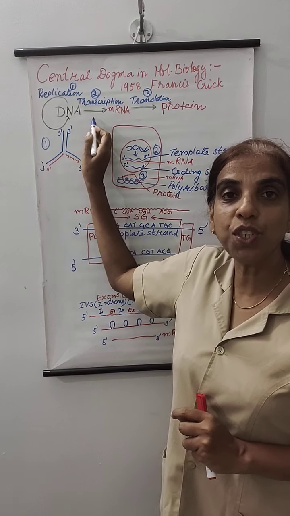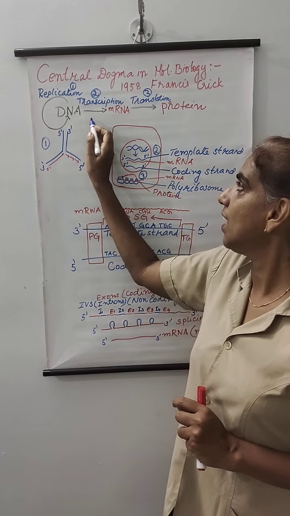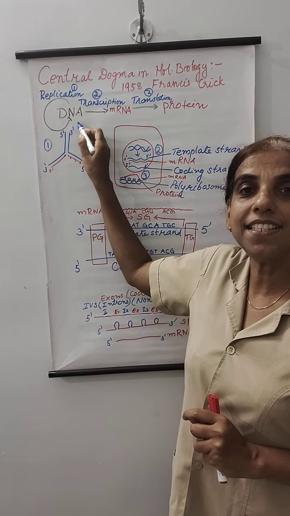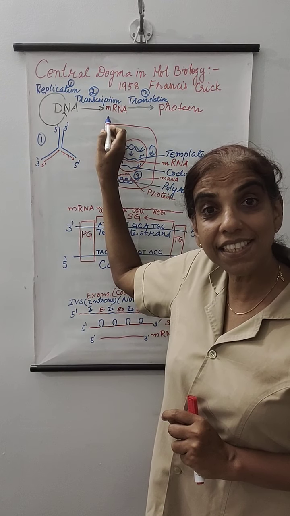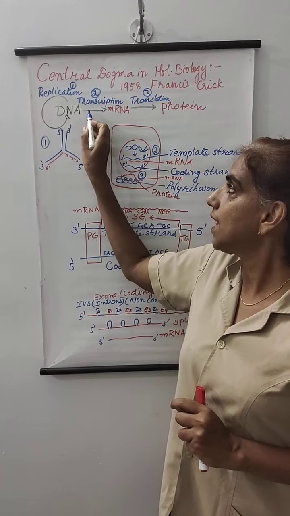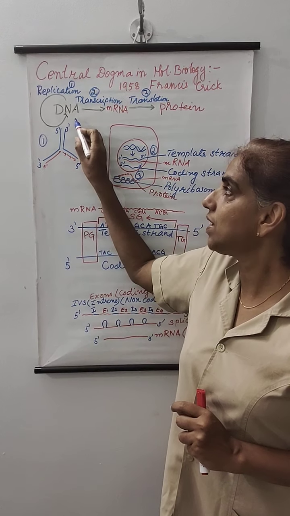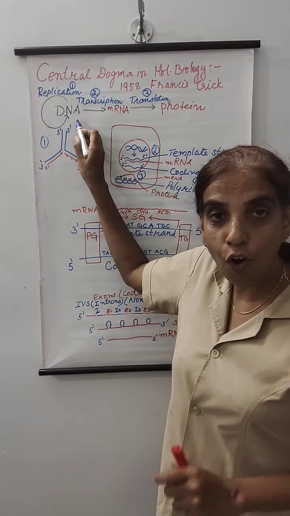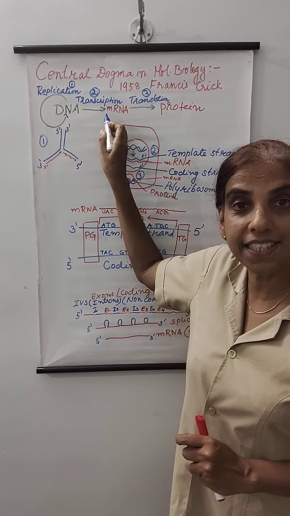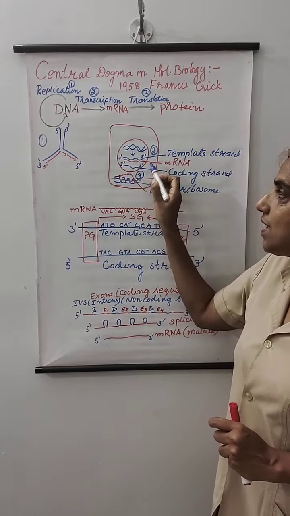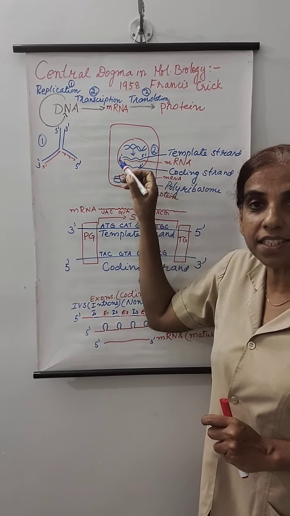Transcription is the process by which the DNA is transferring its messages into messenger RNA. Transcription shows the flow of genetic information from DNA to messenger RNA, which is fully represented in this diagram.